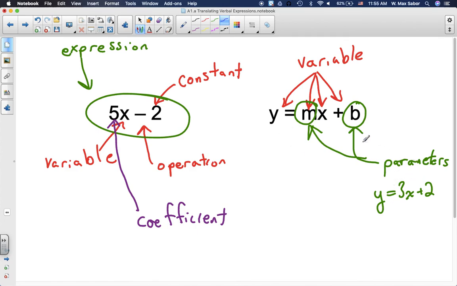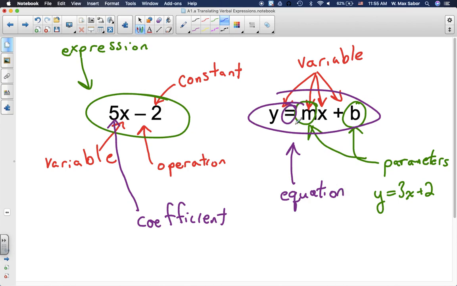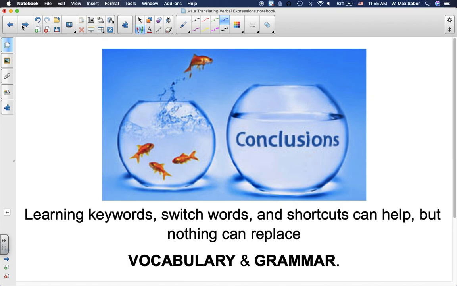Those are our parameters. They're still variables, but a better term to describe them is parameters. This is not an expression. This is an equation. The reason it's called an equation is because it has the equal sign. Without an equal sign, it's called an expression. Again, you cannot just memorize these words. It's a good start, but nothing can replace knowing the vocabulary and the grammar.